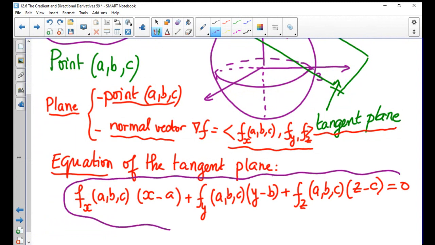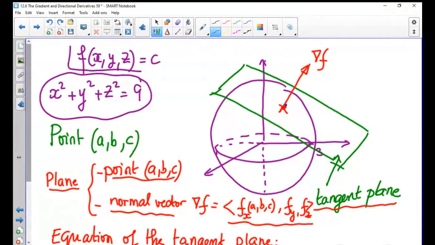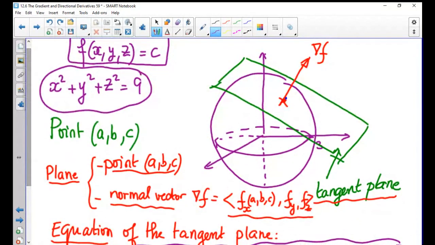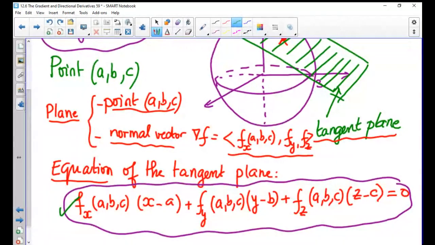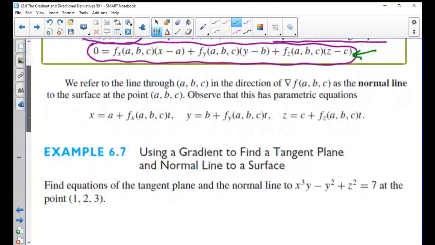That is the equation of the tangent plane to the surface f of x, y, z equal to a constant c. So that is basically what we have here. If you want to find the equation of the tangent plane, you can do it using this formula.